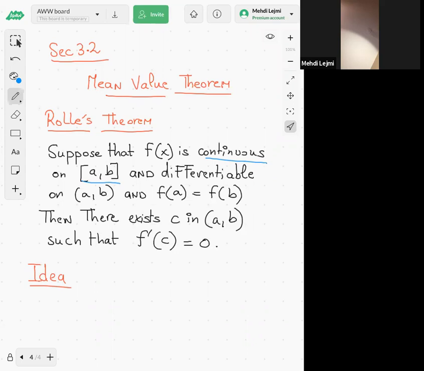So if you want to remove the possibility that your global maximum or global minimum occurs at the endpoints, then you have to add this assumption, that f of a is equal to f of b. Then there exists a number c such that the derivative of f at c is 0.